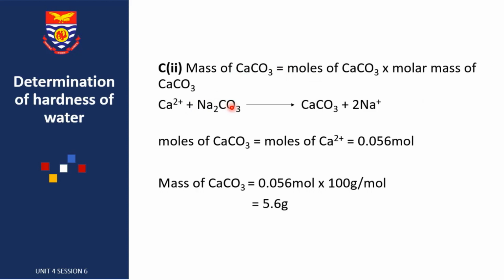So if 1 mole of the calcium carbonate was produced from the reaction between 1 mole of sodium carbonate and 1 mole of calcium ions, then the moles of calcium carbonate is 0.056, same as the moles of the calcium ions, same as the moles of the sodium carbonate.